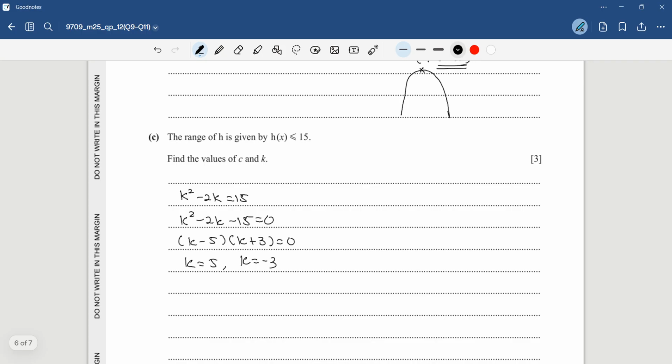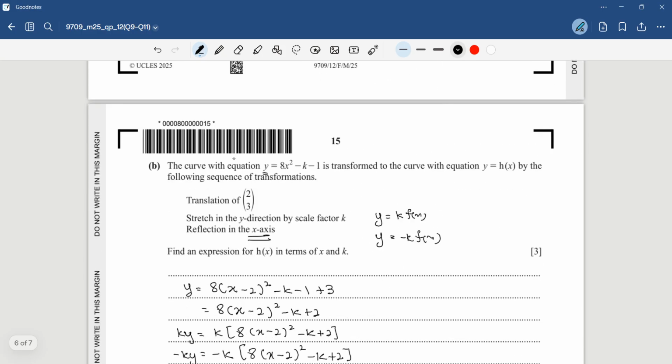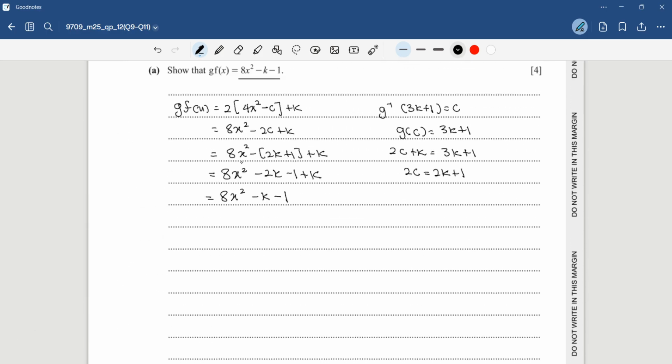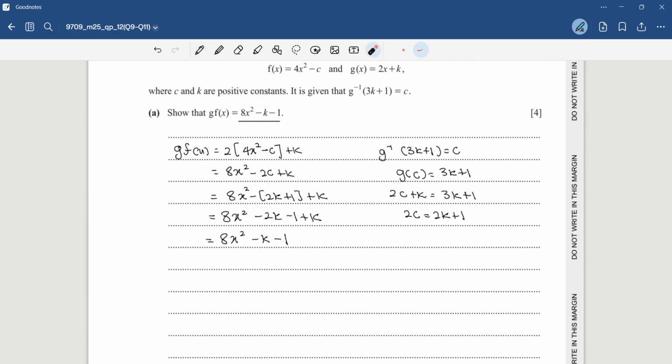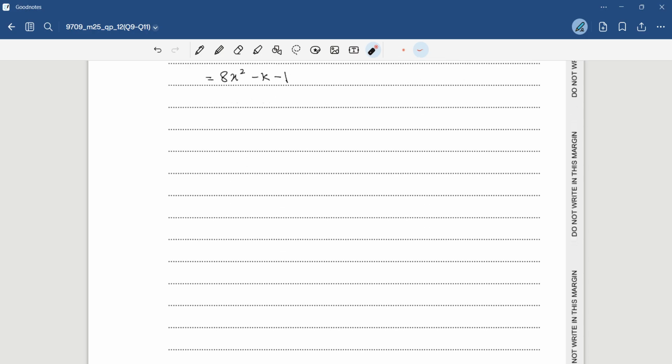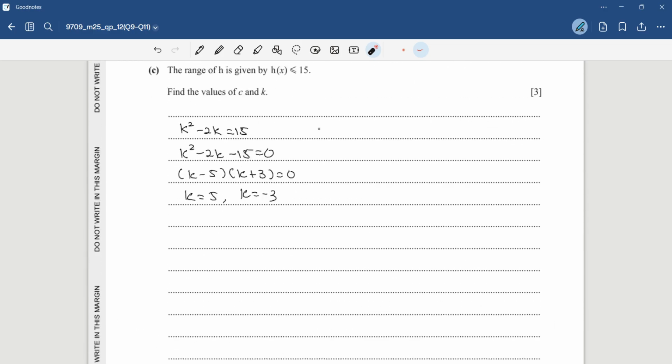Okay, and if you still remember in the question earlier on, the question clearly mentioned that c and k are positive constants. Therefore, we reject k equals negative 3. Therefore, k is only 5.